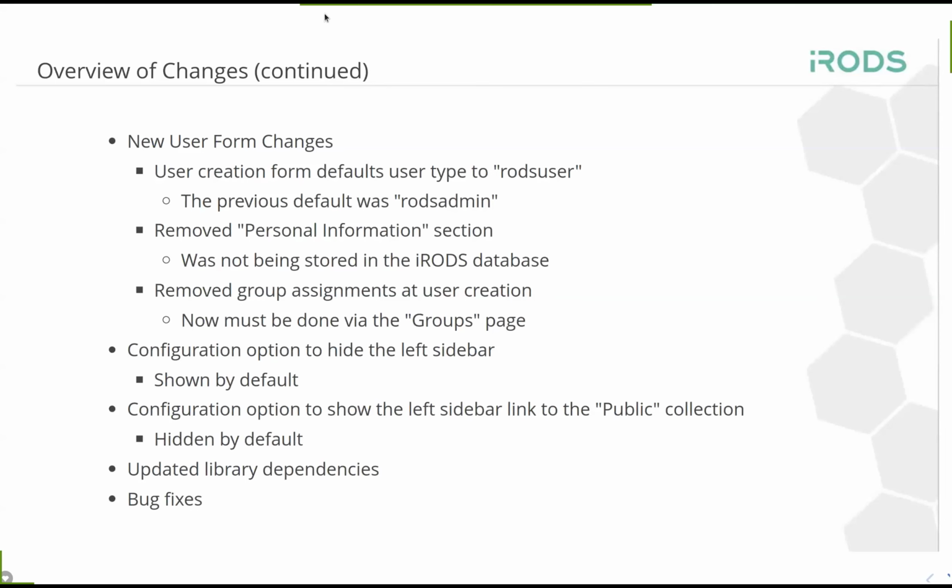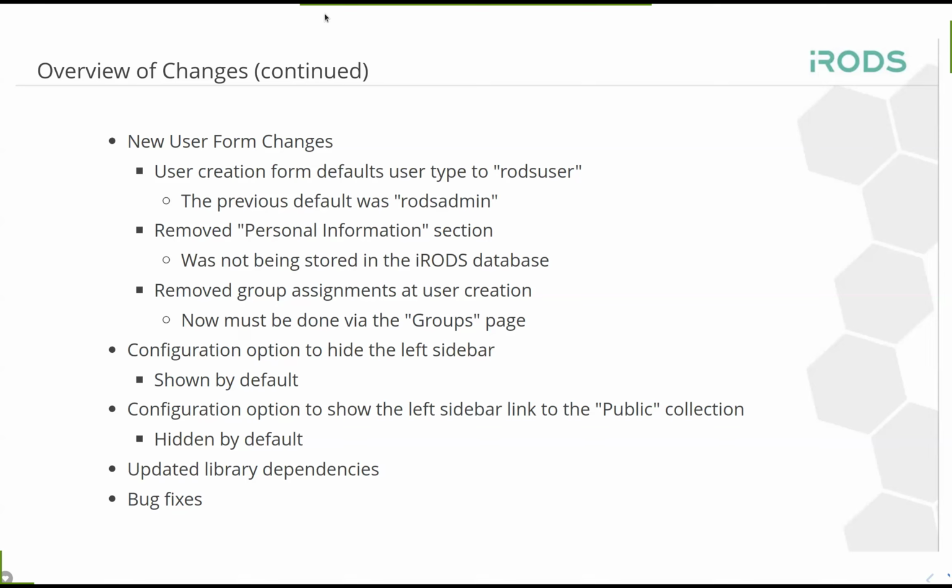Okay, so new user form changes. One of the changes, and this came from an issue someone wrote: when you added a new user, the drop-down list defaulted to RODS admin, and it made sense to everyone to default that to RODS user. So that is now the default.